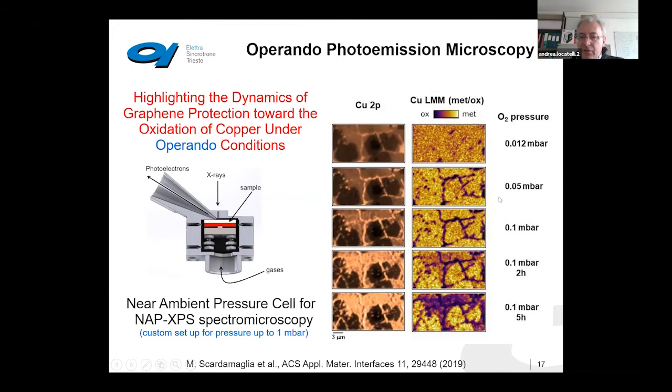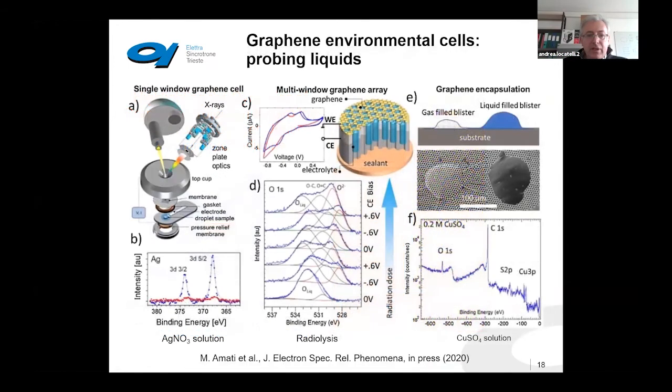As you can see here, the evolution for growing oxygen pressures, you can really see that the places of the surface which are not covered by graphene are oxidized first. It really illustrates well the fact that graphene prevents oxidation.